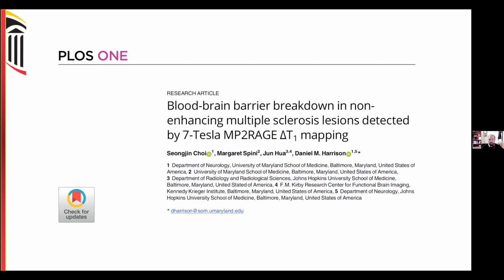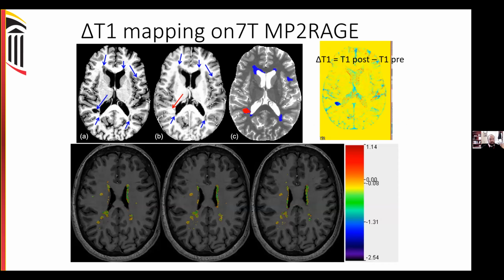So we've done what we call delta T1 mapping. If you take a look at the top, this is the T1 weighted image that comes out of the MP2RAGE. We've acquired the MP2RAGE image both pre-contrast and post-contrast.